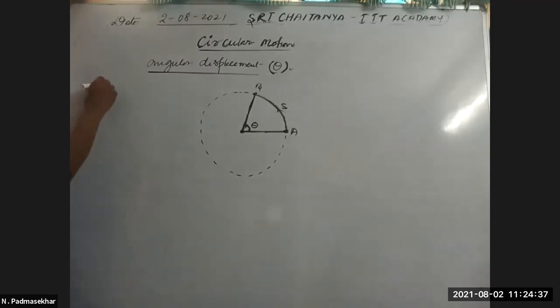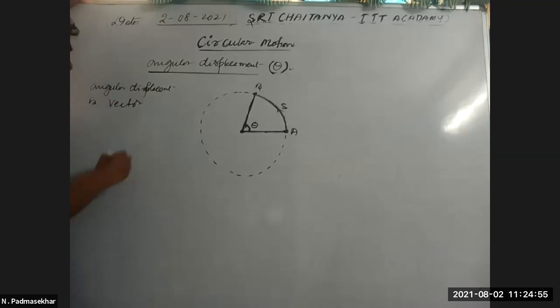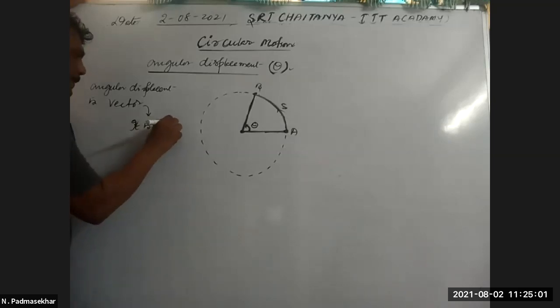See, the angular displacement is a vector quantity. So what type of vector is it? It is an axial vector.